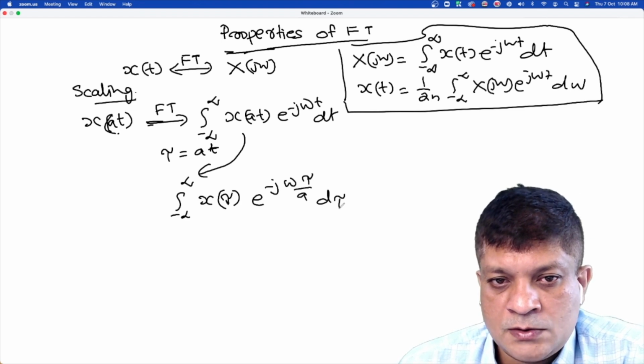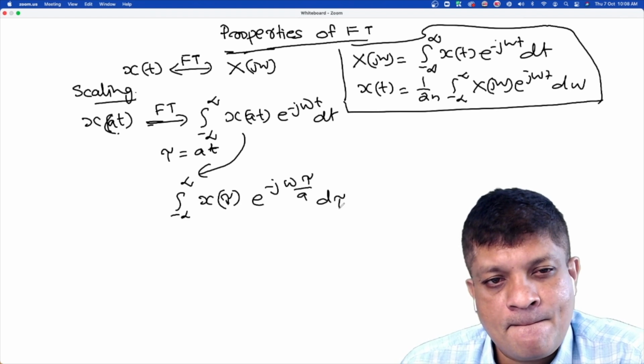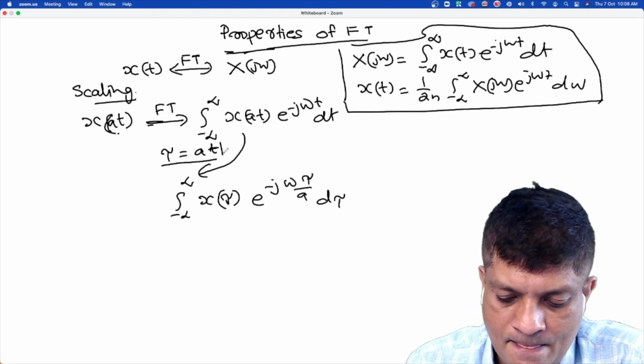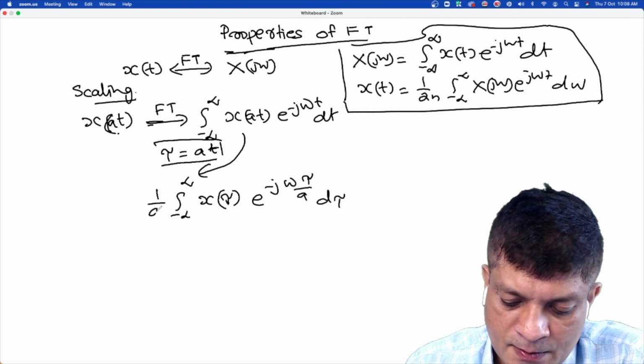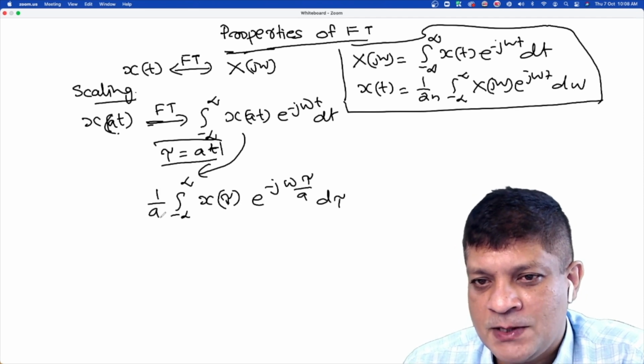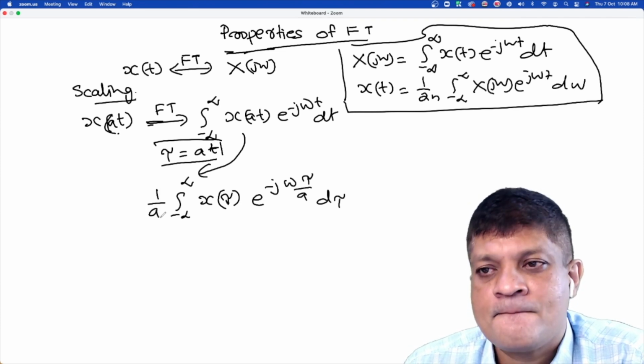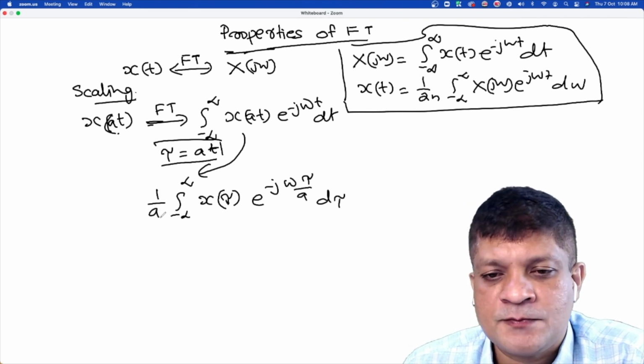Is something missing there? 1 by a. Is it 1 by a, or is it always 1 by a? It is 1 by mod a.